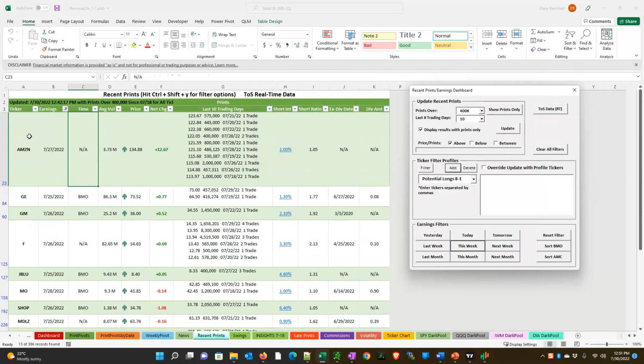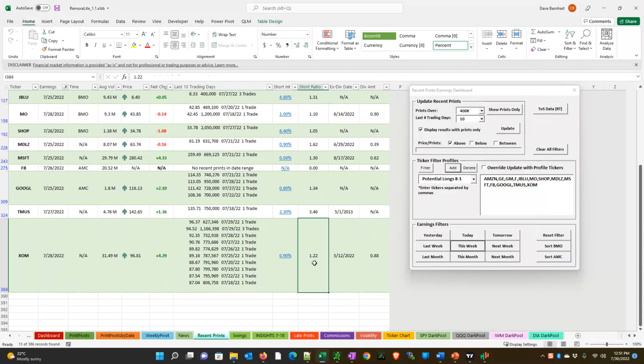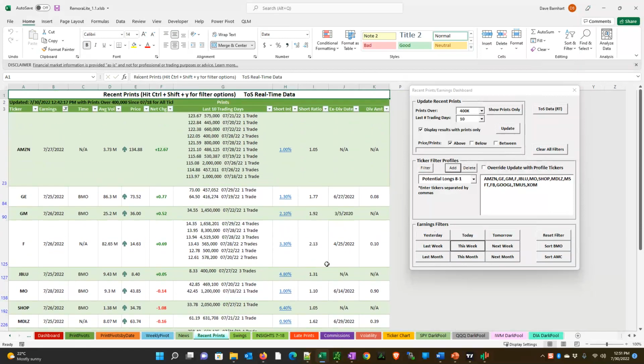And now if I grab all of these, you can use the control and shift arrow or something. I'm going to copy these, paste it in here and hit enter. And there they are, right? So it puts them in the format that you need. You could even take it from your trading platform and it'll put it this way. If you're going to manually type them, you have to put a comma in between each of them.